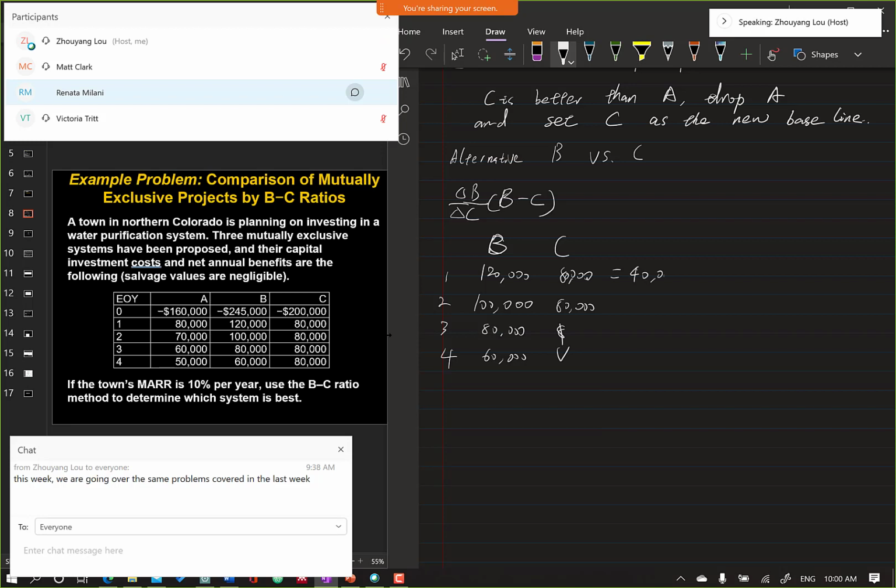That'd be 40,000 for the first year, 20,000 for the second, 0, and then minus 20,000 for the fourth year. So here it's the same idea. We see the pattern decreases by 20,000 as a fixed amount.